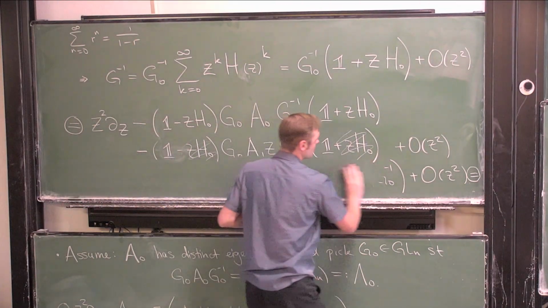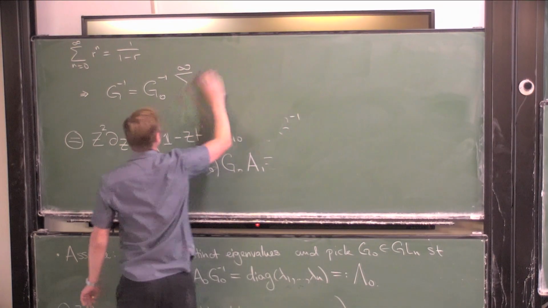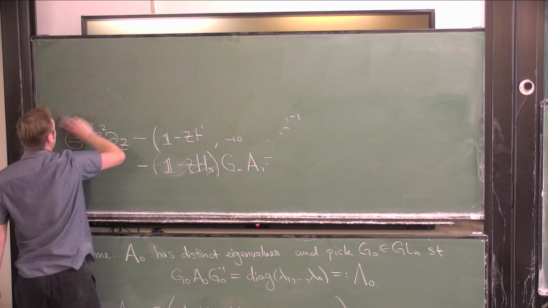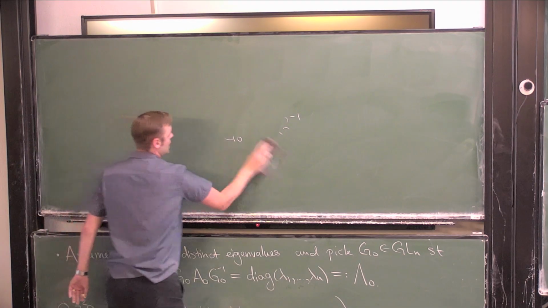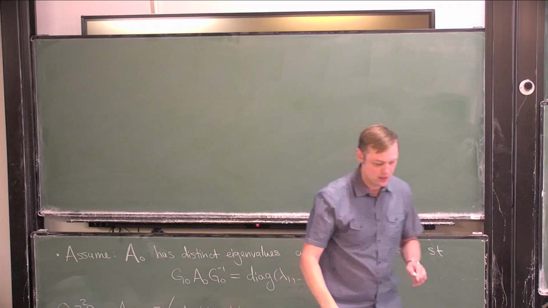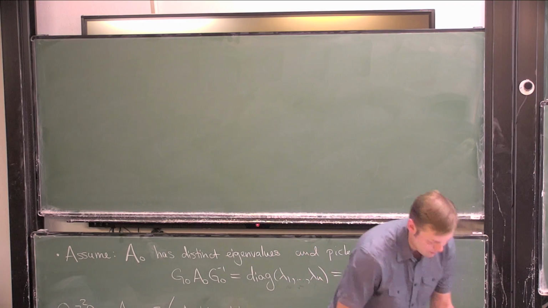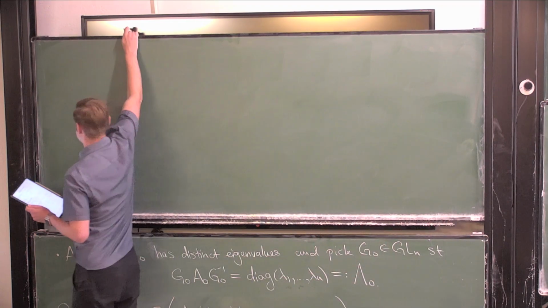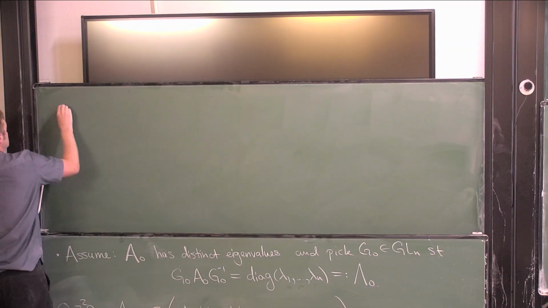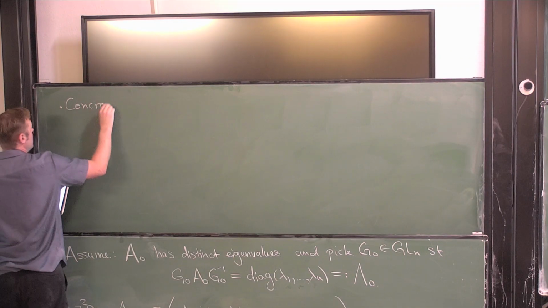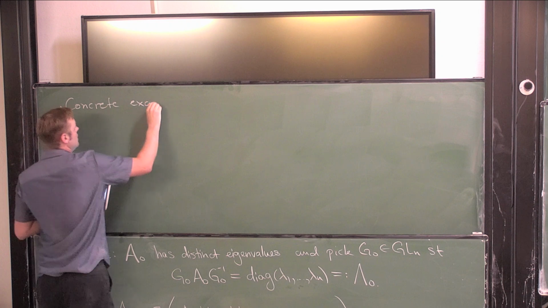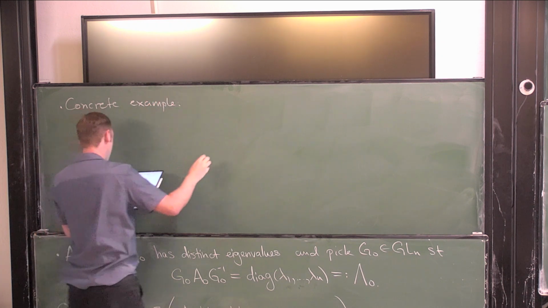Okay, so let's do a concrete example, very concrete, and it's going to be the system which I mentioned yesterday as one of the examples. So that's going to be our main player for today. So I'm looking at this system.